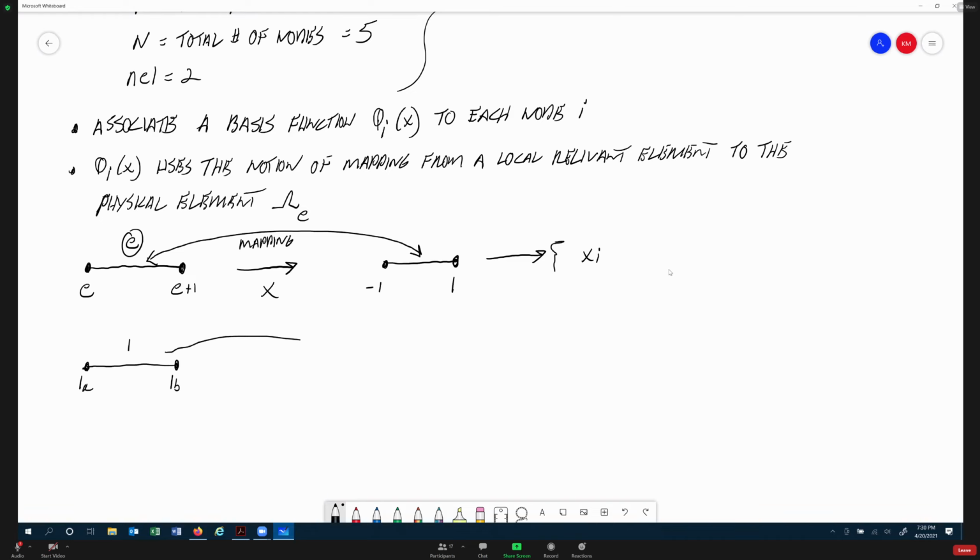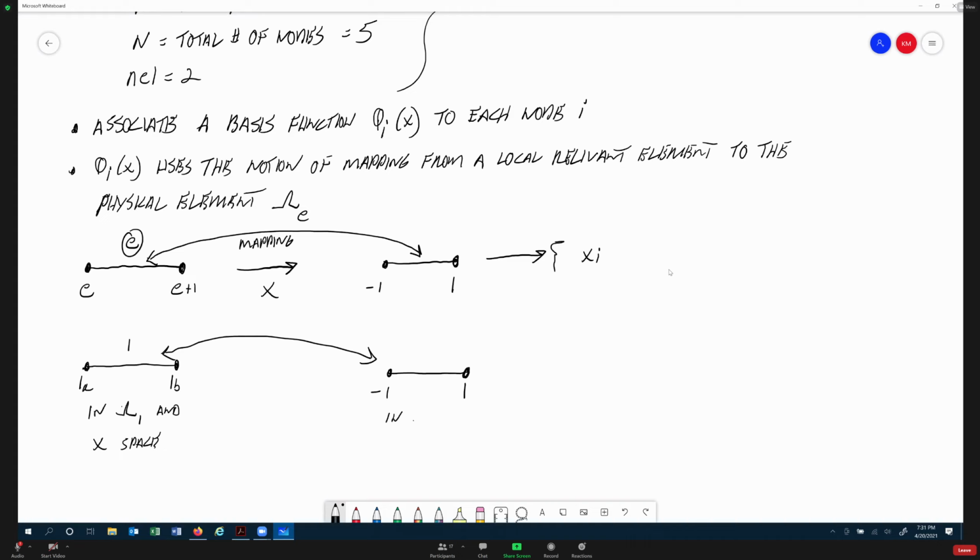So this is in omega 1 domain and in X space. We're mapping to this new coordinate system, which exists from -1 to 1.